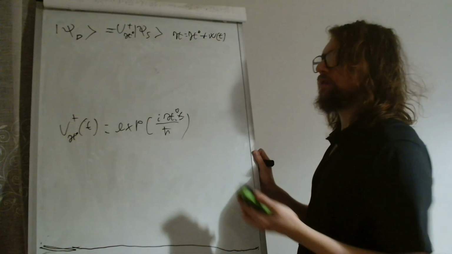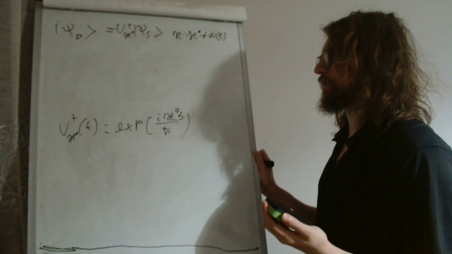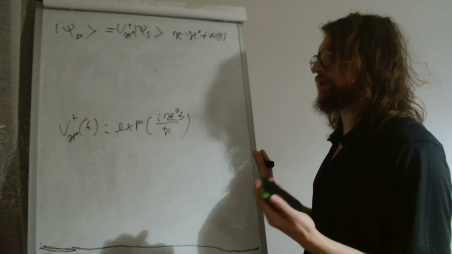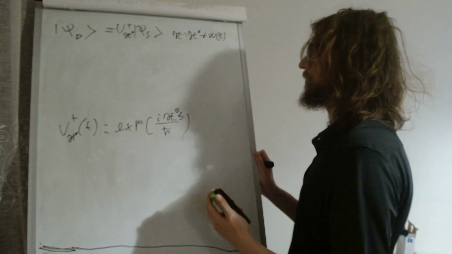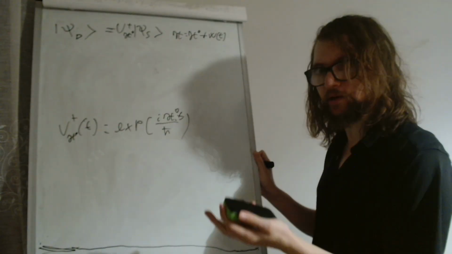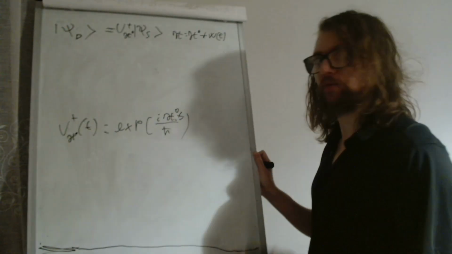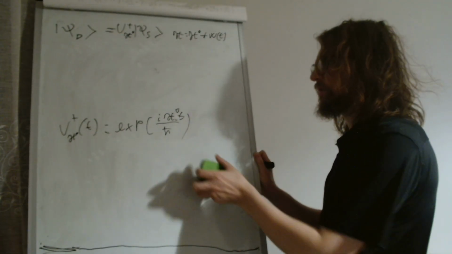Psi_S obeys the Schroedinger equation. Now I want to look for a differential equation for psi_D. Psi_S are governed by the Schroedinger equation, and psi_D are governed by which equation? Now we will find out.